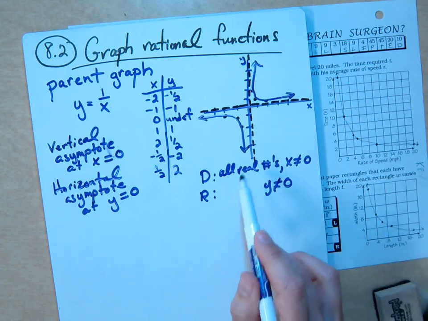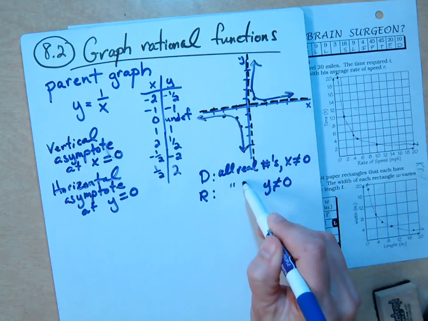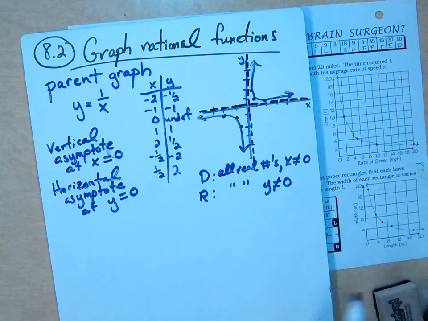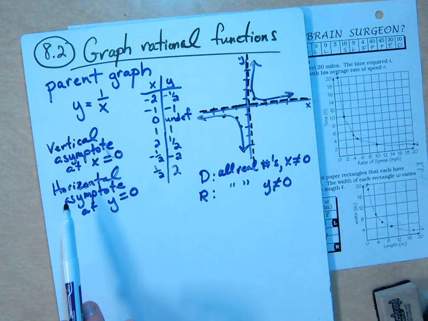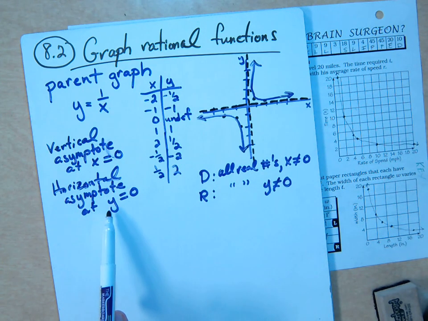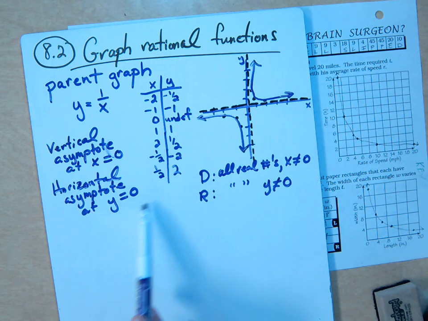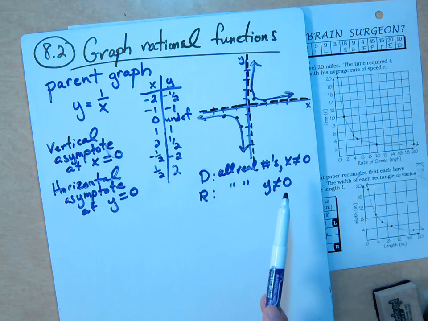Right. You mean all real numbers. So I'll put little quotation marks. But you don't write that, but that's what you mean. The range is y not 0. So even though, let me point out, even though the asymptote is the line y equals 0, that's the line of no touching, it means y cannot be 0.